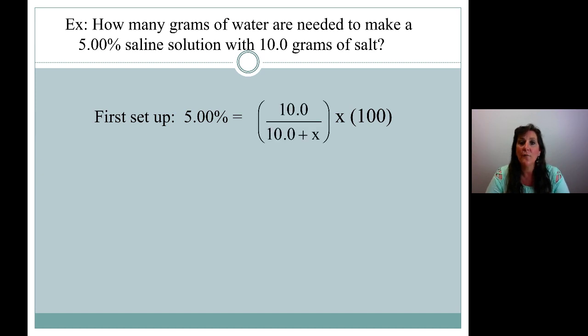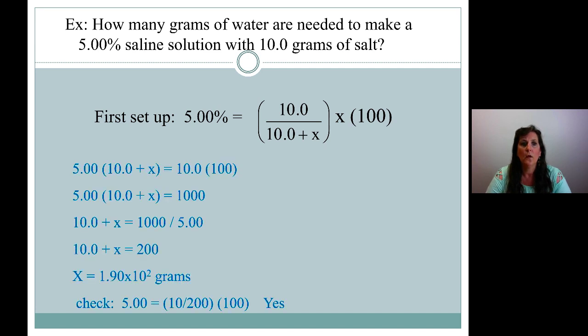So we have our 5% equals the 10.0 over 10.0 plus solvent, water, which is an unknown x, times 100. So it's the solvent grams that we don't know. Now it's just algebra. We've got to solve for x. Now you can't solve for x in a denominator.